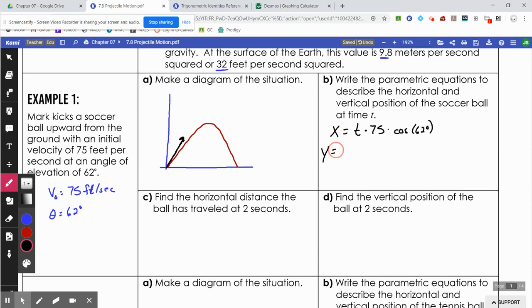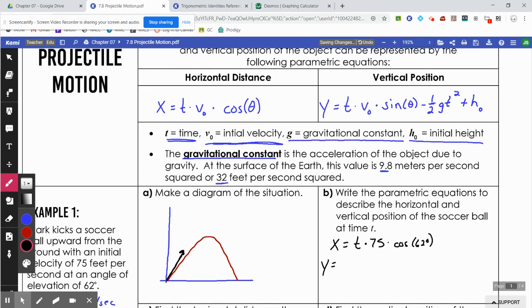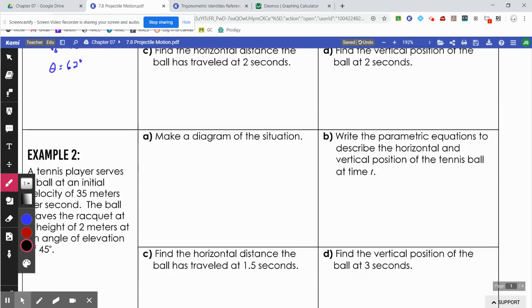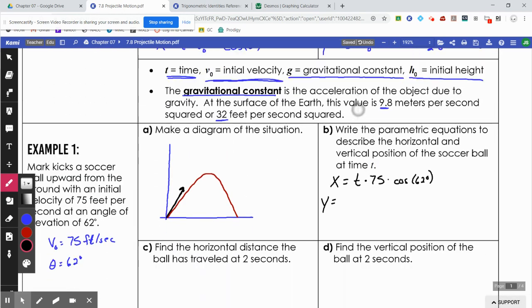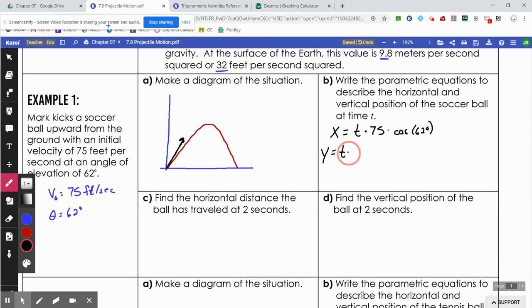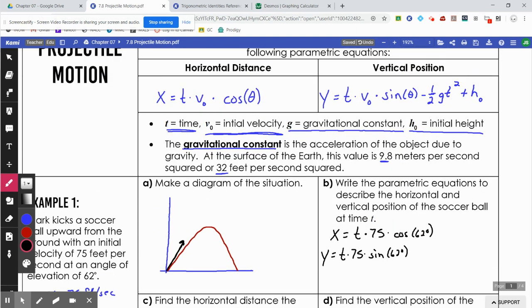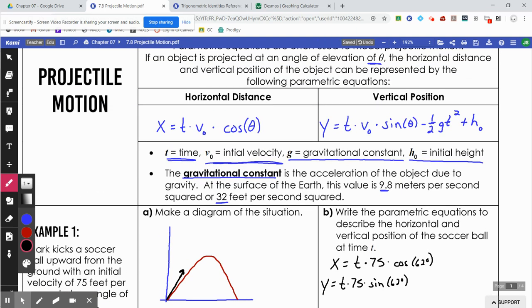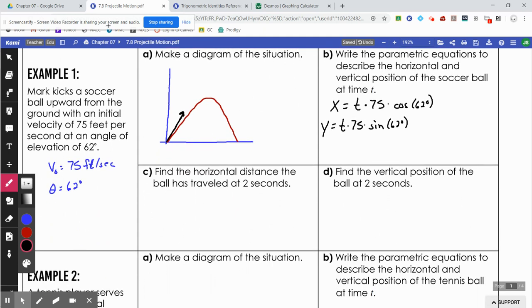Your y value is going to equal, again, t times v sub 0 times sine of theta. So t times 75 times the sine of 62 degrees, that was your angle. Minus 1/2 times g t squared. So minus 1/2 times g.